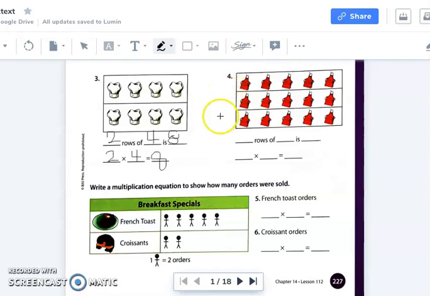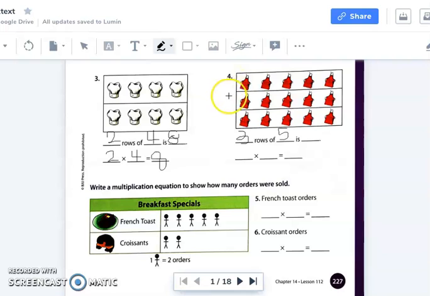Number 4. So you should see how many rows? 1, 2, 3. You should see 3 rows. 3 rows of 5. Very good. 3 rows of 5 in total, you can do repeating addition or patterns of 5.